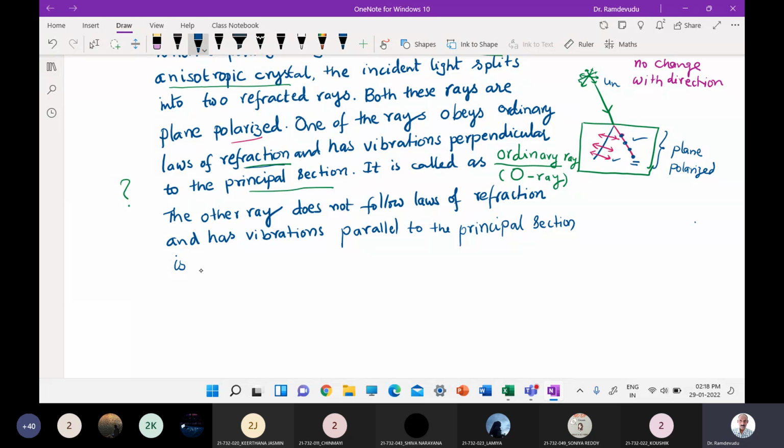That's why it is showing extraordinary properties. That's why the other ray, which does not follow the laws of refraction and has vibrations parallel to the principal section, is called extraordinary ray. That's why this ray is generally shown as E ray.